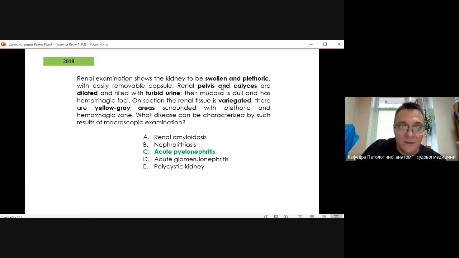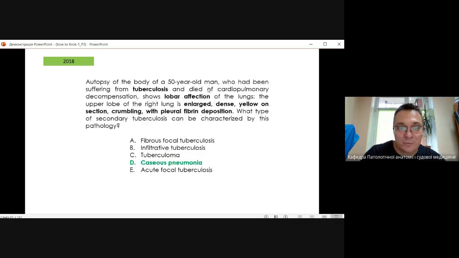In this case, there is involvement of the pelvis and calyces, but not the glomeruli. That's why we call it pyelonephritis, because pyelos means pelvis. That's quite easy.